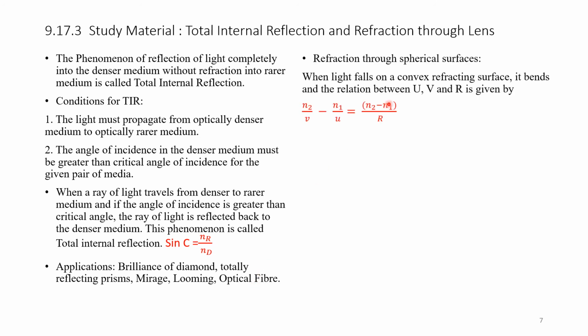Refraction through spherical surfaces. When light falls on a convex refracting surface, it bends, and the relation between the object distance, image distance and radius of curvature is given by n2 by v minus n1 by u equals n2 minus n1 divided by r, where n2 is the refractive index of the convex surface, v is the image distance and n1 is the refractive index of the medium 1, divided by u, the object distance.